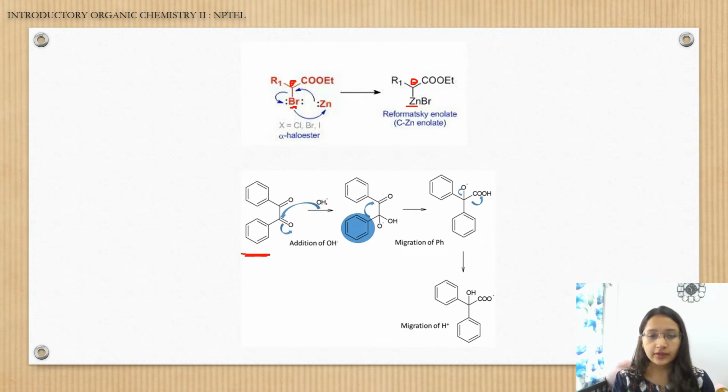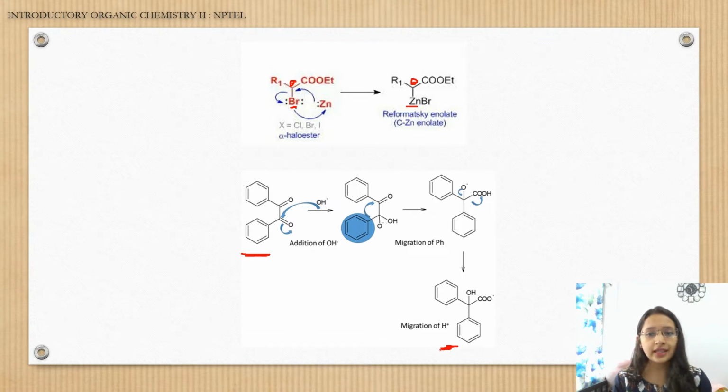Here, first of all, we treat it with OH minus, either KOH or NaOH kind of base. What happens? One of the ketones is now substituted with this OH, right? And then this migration of the phenyl ring takes place here, and after that, this kind of species is generated. Okay, this is how benzilic acid rearrangement works.